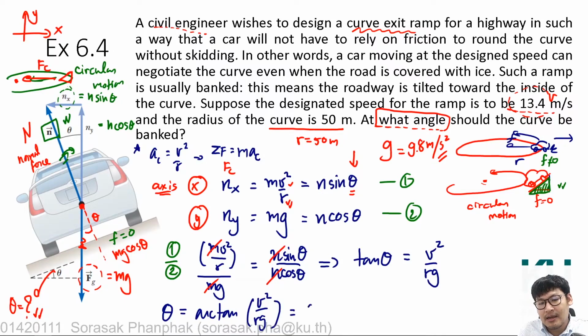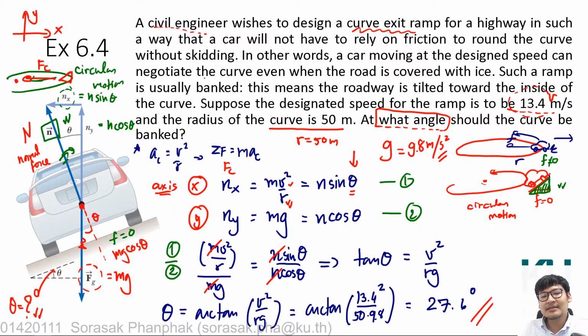So the arctan of v squared, which is 13.4 squared, over r, 50 meters, and g is 9.8, which gives an angle of around 27.6 degrees.